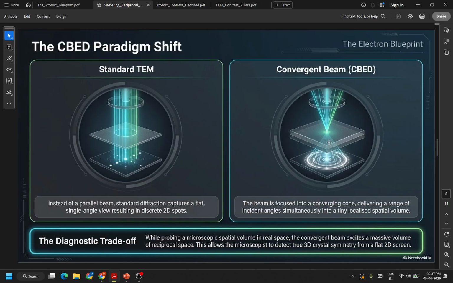While probing a microscopic spatial volume in real space, the convergent beam excites a massive volume of reciprocal space. This allows the microscopist to detect true 3D symmetry from a flat 2D screen.